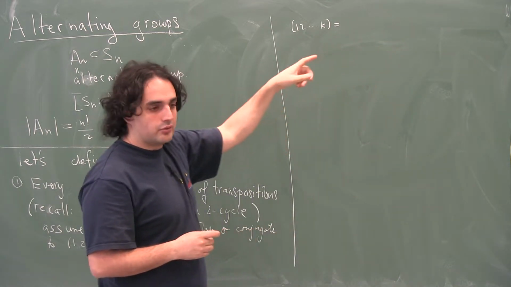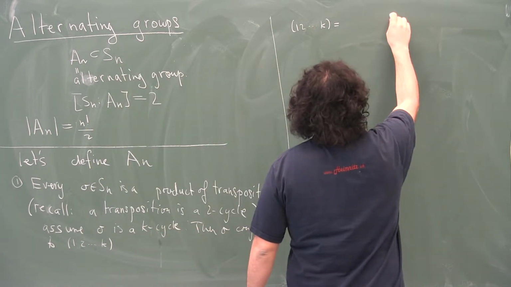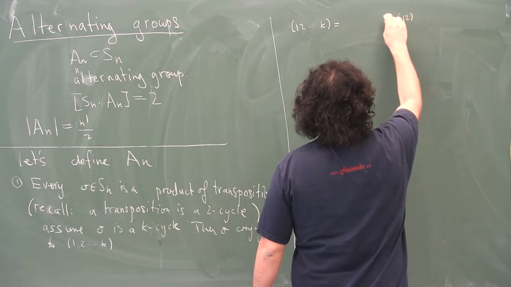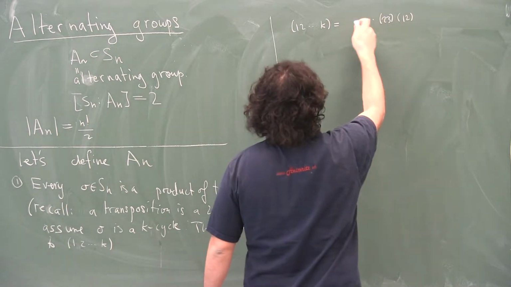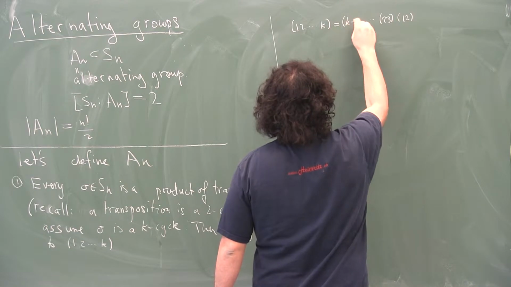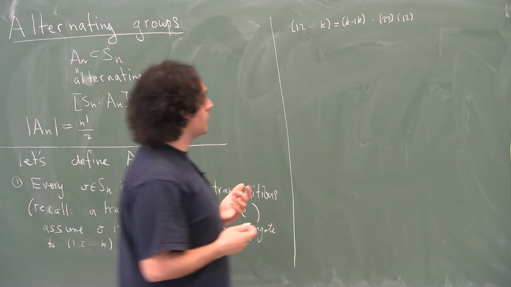So let's put it in one direction and then see if this works or not. So let's do (1 2), (2 3), and so on. And at the leftmost, we will have (k-1 k). Let's see if this is correct.